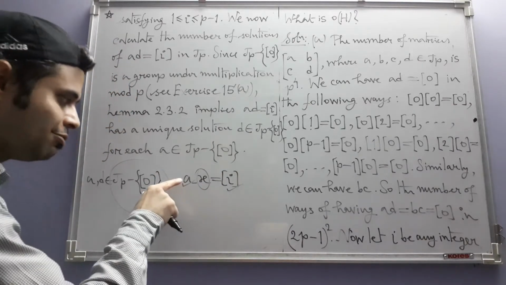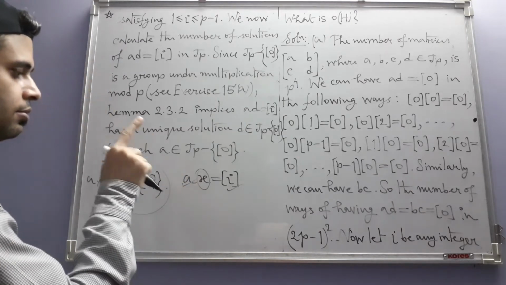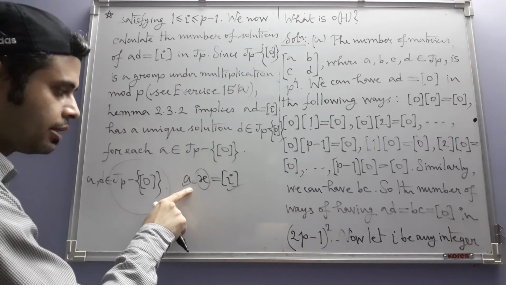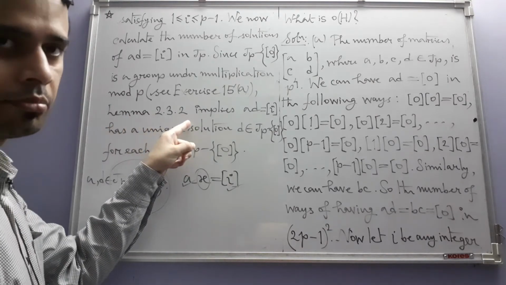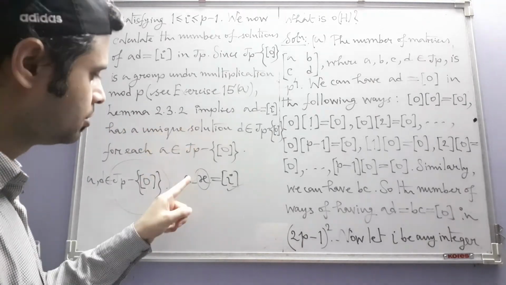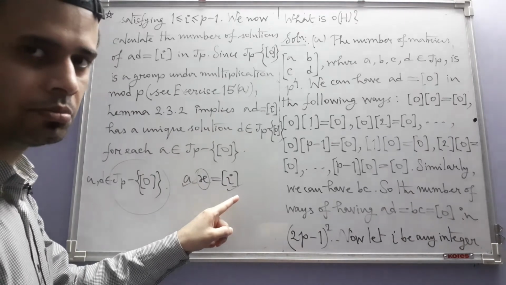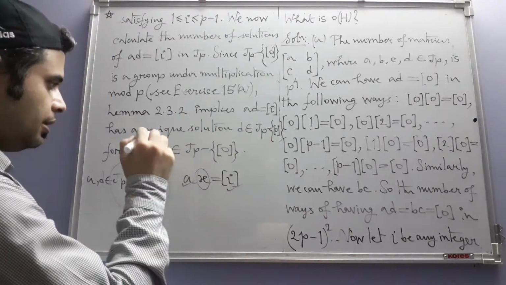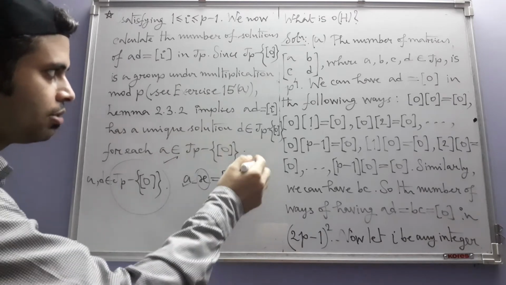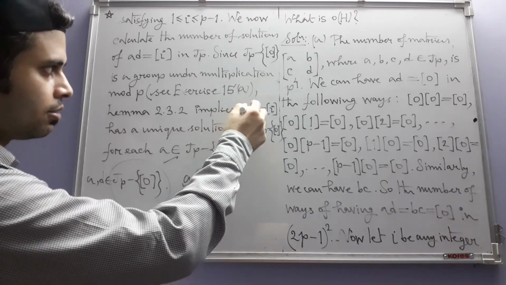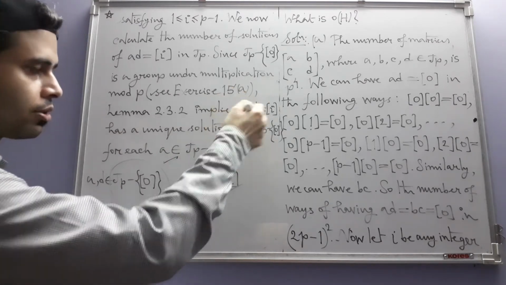variable, then you have an equation in this group where this is the variable and these two things are given. So if you choose A, then for that particular choice this equation has a unique solution, and that is coming from that lemma 232 where we have Ax equal to B. So each of our choices for A leads to a unique solution D for this equation.